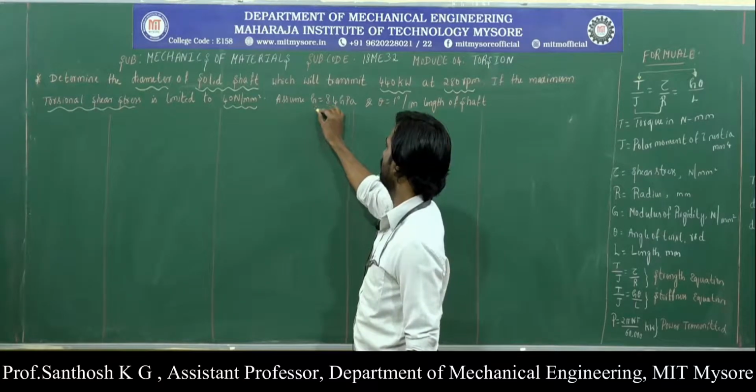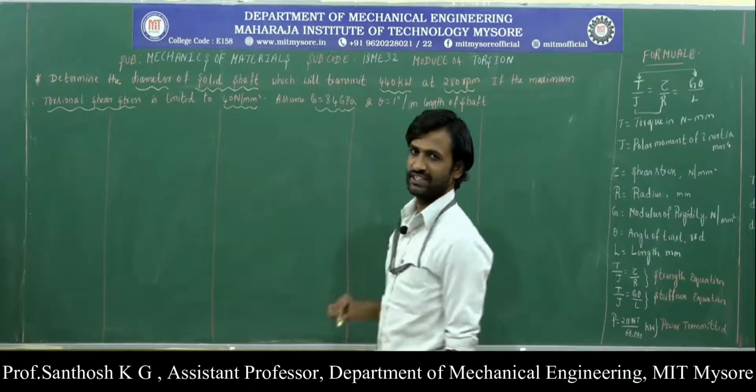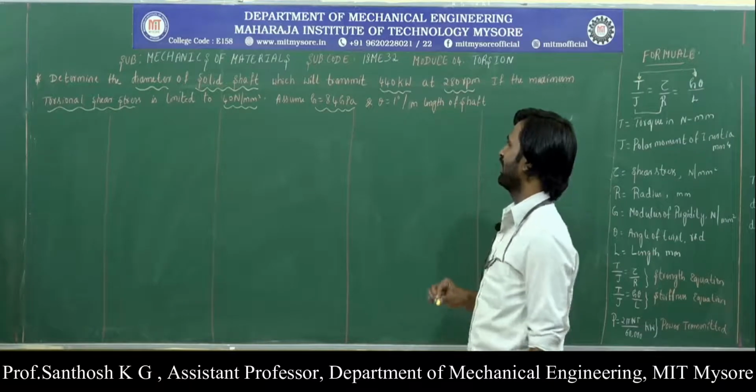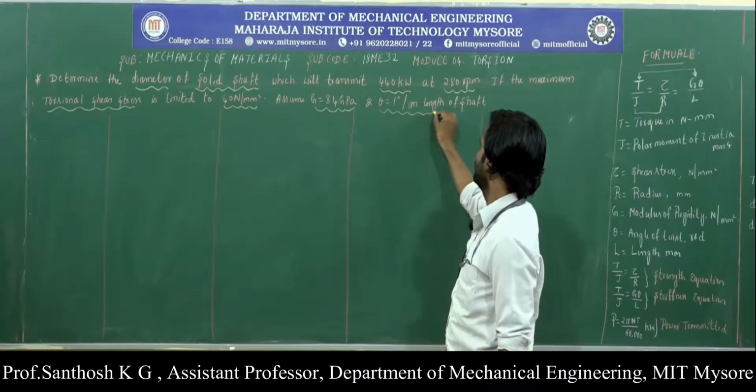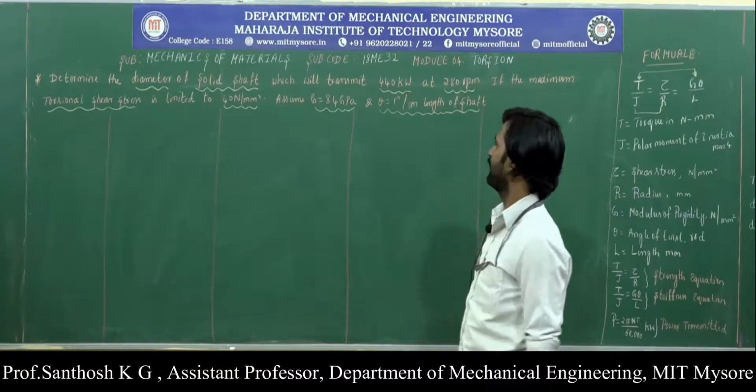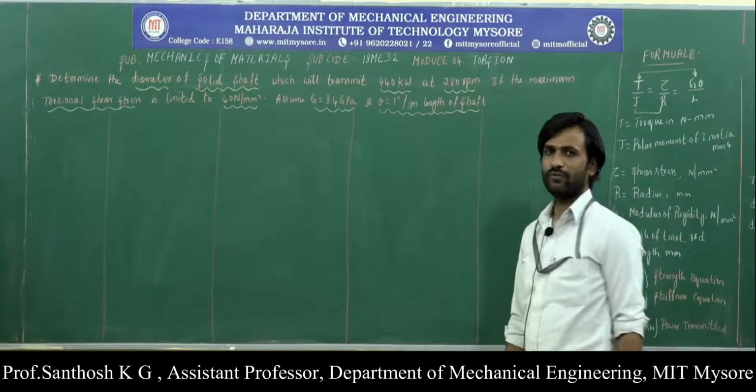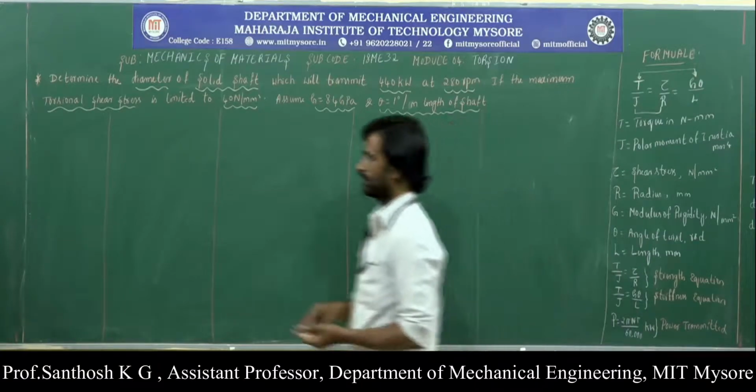Assume modulus of rigidity G equals 84 gigapascal and theta is 1 degree per meter length of the shaft.